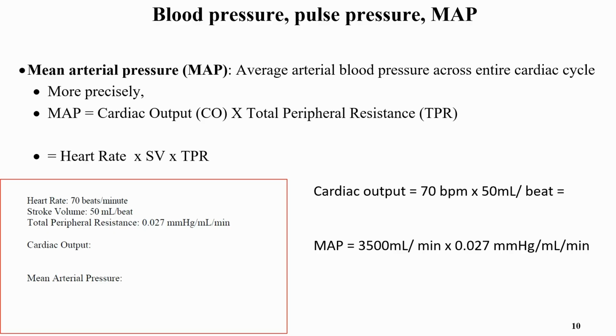It's 3,500 mils. So what is the mean arterial pressure? Mean arterial pressure is cardiac output multiplied by the total peripheral resistance. And that value, in this example to the left, in the red box, is 0.027 millimeters of mercury per mil of blood per minute. And if you multiply that, you get the number, the mean arterial pressure.